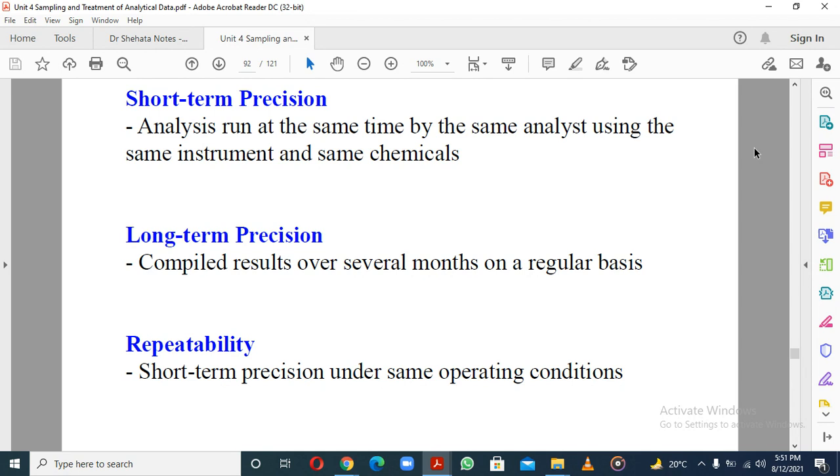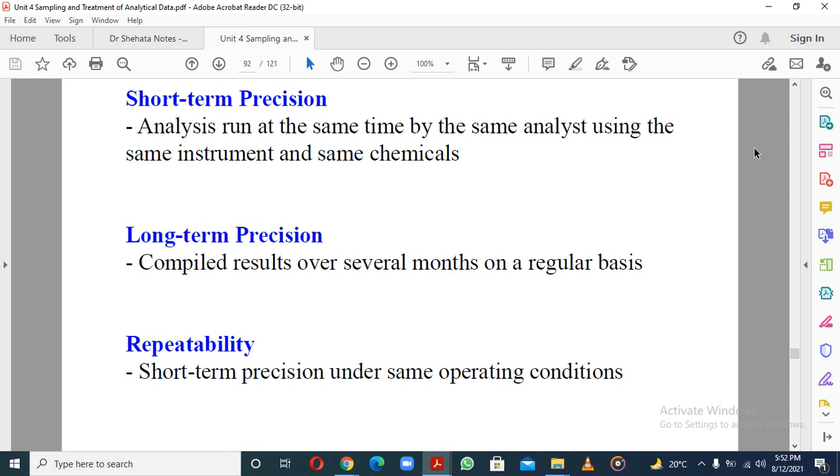If I do an experiment and produce a value, then I, the same person, at the same time, using the same instruments and chemicals, repeat the experiment to see what values I get. What I'm trying to achieve there is short-term precision.